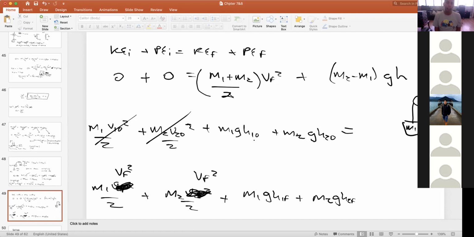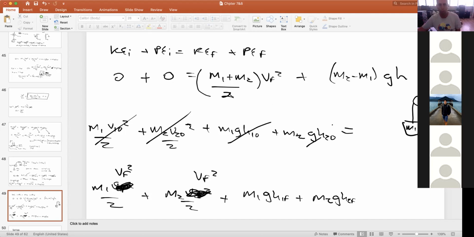So why not make it easy on yourself and choose the initial H for M1 to be 0 and the initial H for M2 to be 0. Even though they're not lined up together, they're not at the same height, you can assume that they're both starting off at 0 in their own coordinates.